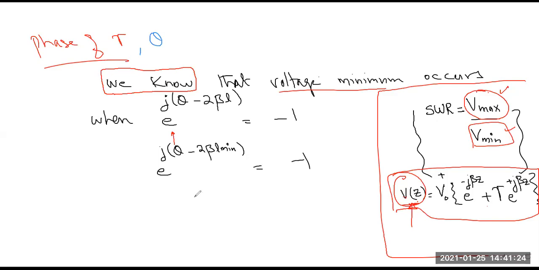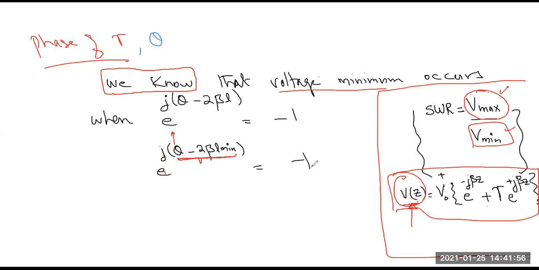Now the question is, under which condition will the exponential function, e raised to power j theta minus 2 beta L minimum, be equal to minus 1? We just need to make use of a mathematical concept: what should be the value of this thing, so that e raised to power j multiplied by this thing becomes equal to minus 1?